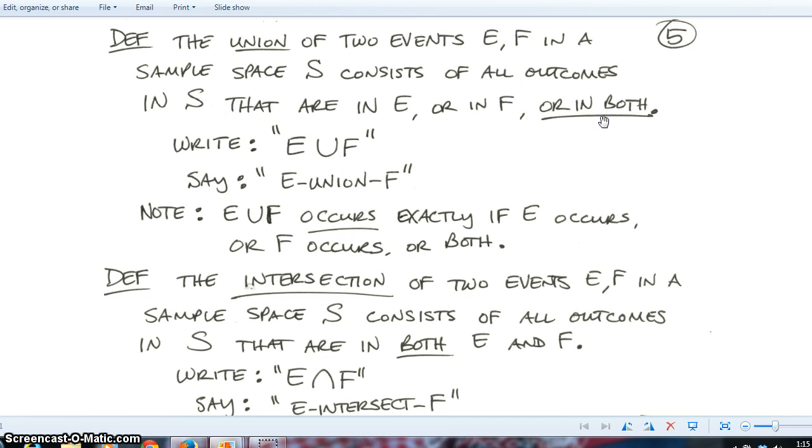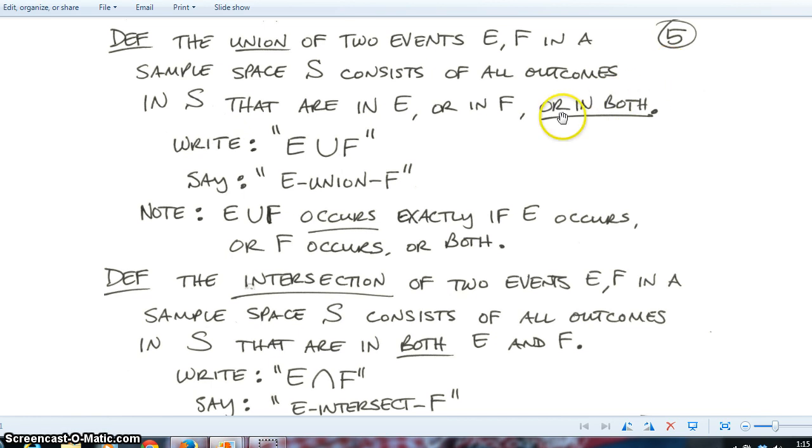The ordinary English meaning of the word or doesn't really match with the math meaning. Normally, if somebody says, do you want this or this, they mean, do you want one or the other, but not both. So if a waiter comes up to your table and says, do you want soup or salad with that, usually it's meant, do you want soup or do you want salad, but you don't get to have both. That's not allowed. But it is allowed in math.